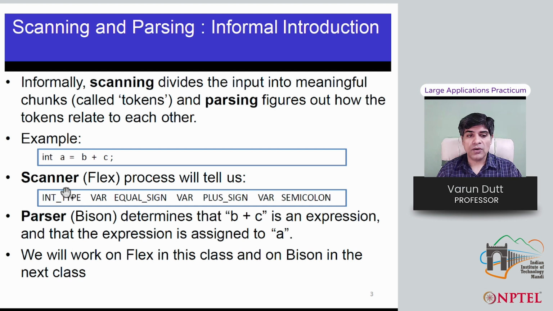What the scanner, or Flex, is supposed to do is convert this statement into this set of tokens: int type, var, equal sign, var, plus sign, var, and a semicolon. These capital-letter names are tokens which the program understands, and converting from this line to this line is the job of Flex.